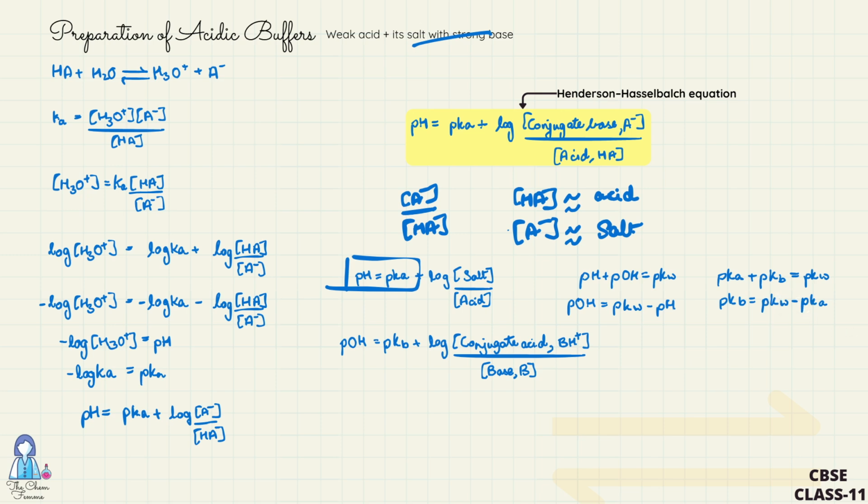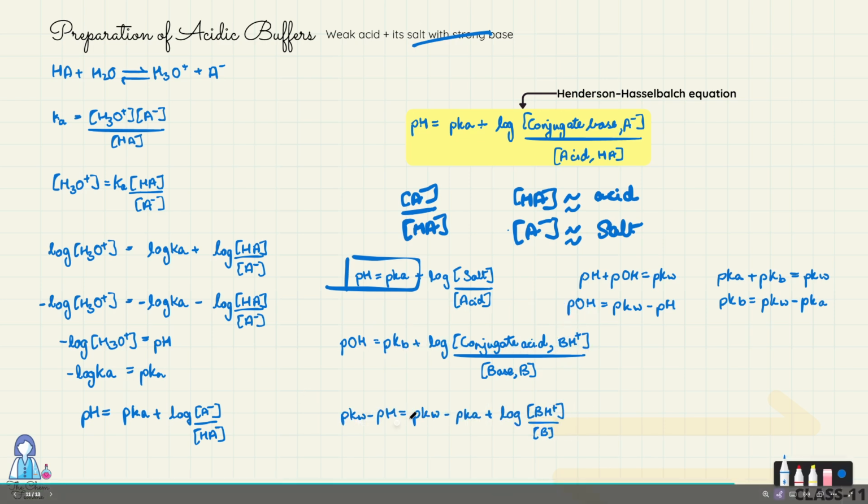When you substitute all of these things, you are supposed to get this particular relationship, where pKw minus pH.